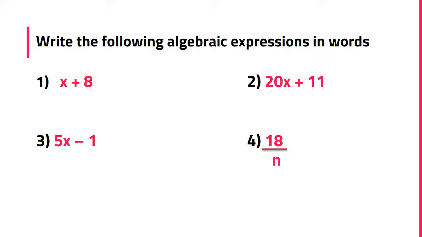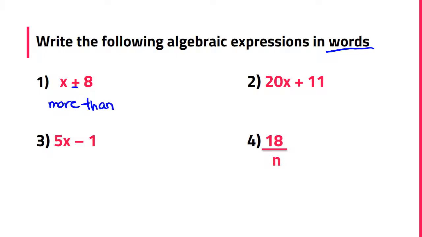All right, let's take a look at some more examples. What I'd like you to do right now is to pause the video so you can try a few of these on your own, and then we'll come back and we'll do them together. All right, let's take a look at the first example. It says x plus 8. So I want to write that in words. So when I have addition, if you look at our previous examples, you'll notice that was always written as more than.